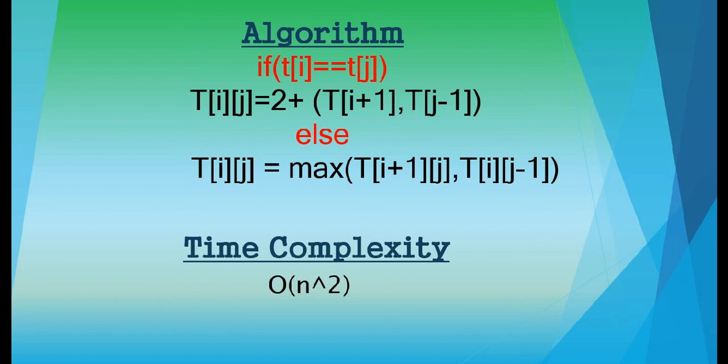Else, if they are not equal, then point number 4 will be applied, which will be Tij maximum of Ti plus 1 j and Tij minus 1. That means cell to the left and one cell down. All right, the time complexity of this dynamic programming solution of LPS is going to be O(n) square.